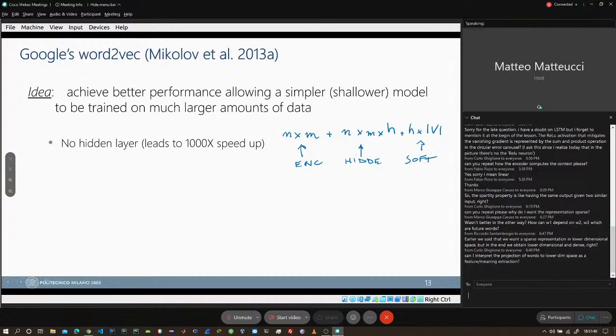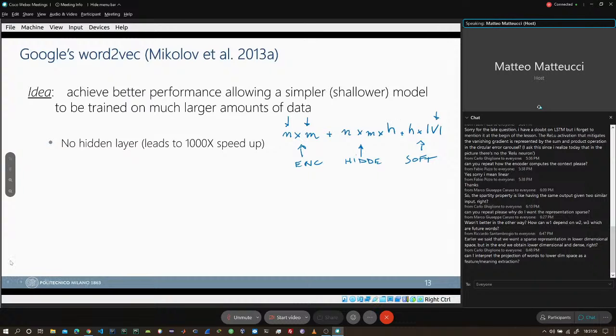Now, the encoding you cannot change, because either you use fewer words or you use a smaller space. The output you cannot change. The idea was to remove the hidden layer.